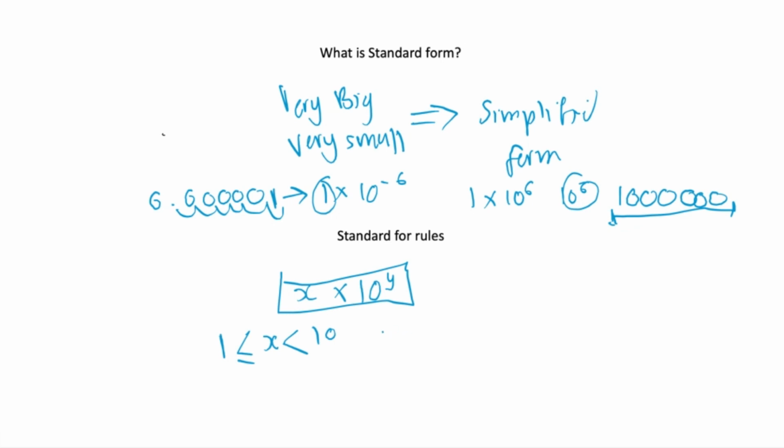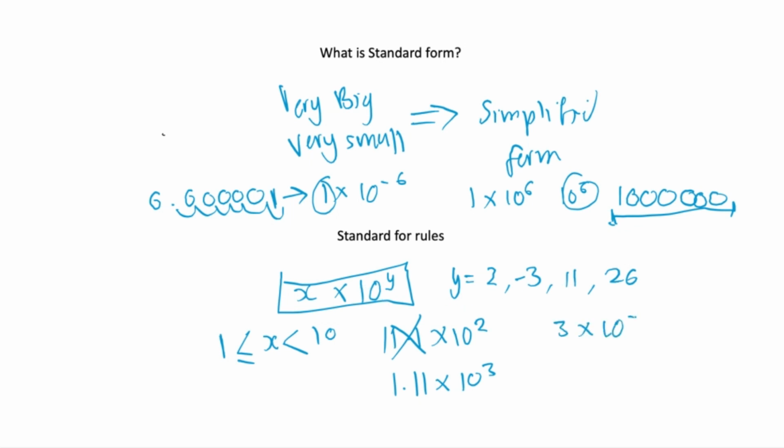So for example, you can't have 11.1 times 10 to the power of 2. This is wrong. It has to be 1.11 times 10 to the power of 3. That's a rule, okay? And y will always represent the power. So it could be 2, it could be 3, it could be minus 3, it could be 11, it could be 26. It represents the power of the 10.